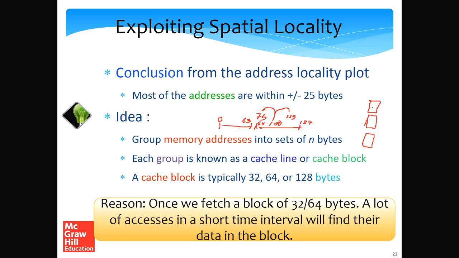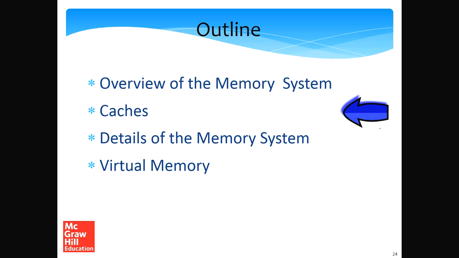The advantage of bringing in a block in one go is that, let's say we start with this address, then in high likelihood we'll access the next few addresses. So if a block, for example, contains the data of an array, and we start from this address, very, very high likelihood we'll scan through the array, so we'll access all of these addresses. So this takes care of spatial locality as well.